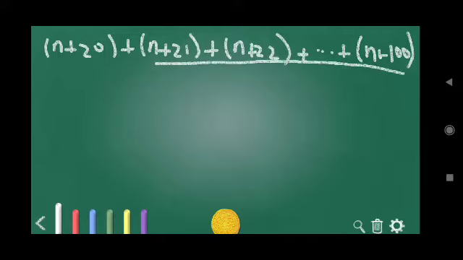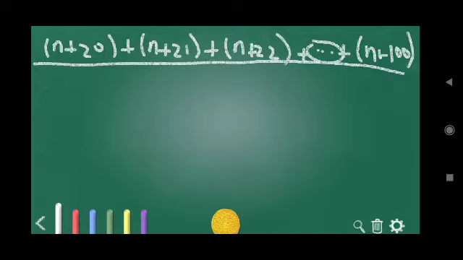But notice that we have these three dots here, which indicates that we have a certain type of series formed in the expression. Now remember, there are two types of series, the arithmetic series and the geometric series. The geometric series, if two pairs of consecutive terms have the same ratio, and arithmetic series if two pairs of consecutive terms have the common difference.